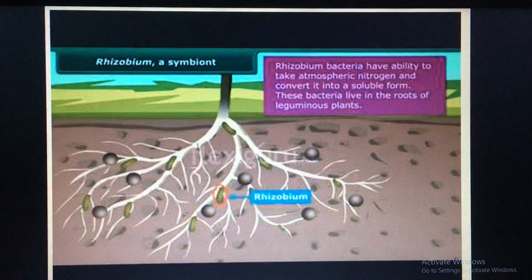One bacterium called rhizobium can take atmospheric nitrogen and convert it into a usable form. The atmosphere contains a complex form of nitrogen, and rhizobium bacteria can convert the complex nitrogen into a usable form.